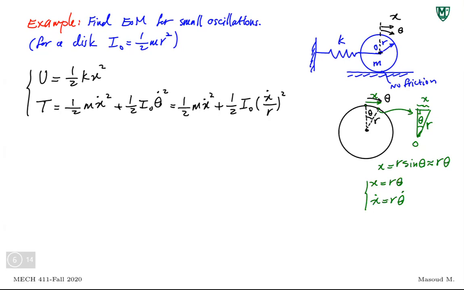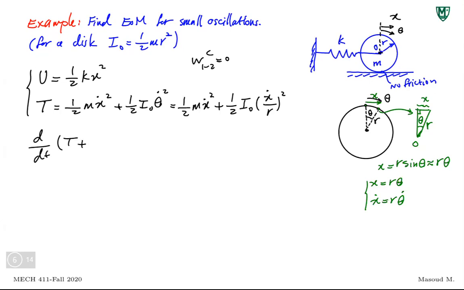So let's do what we do. There is no damping there, so work done by the damper is 0, or non-conservative force work is 0. There is no non-conservative force. If we had friction, that would have been a whole new story. So d/dt, the rest is math.